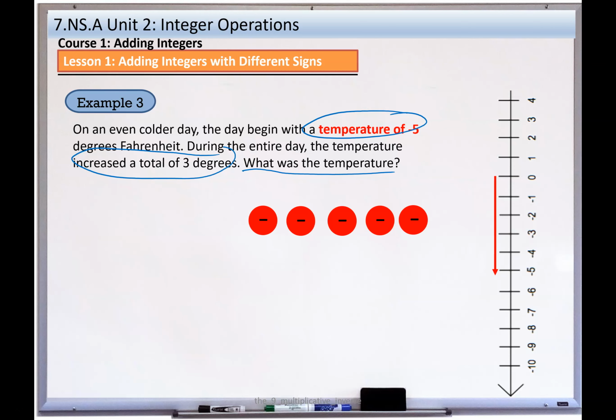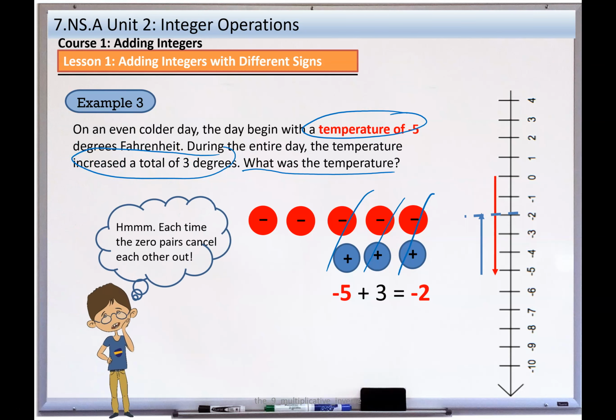So we started at 0, decreased by, started at negative 5 degrees. And we only increased 3 degrees the entire day. Again, zero pairs cancel out. And our final answer is negative 2.